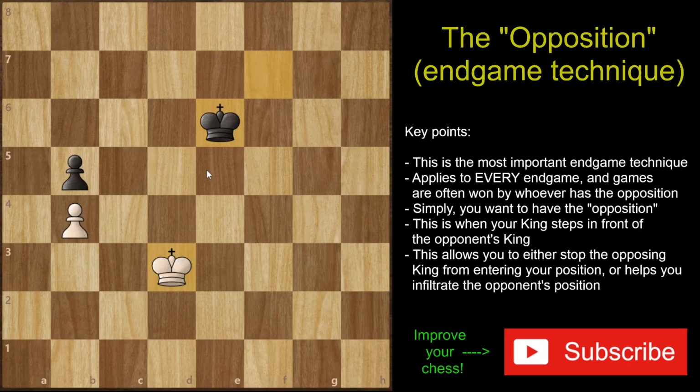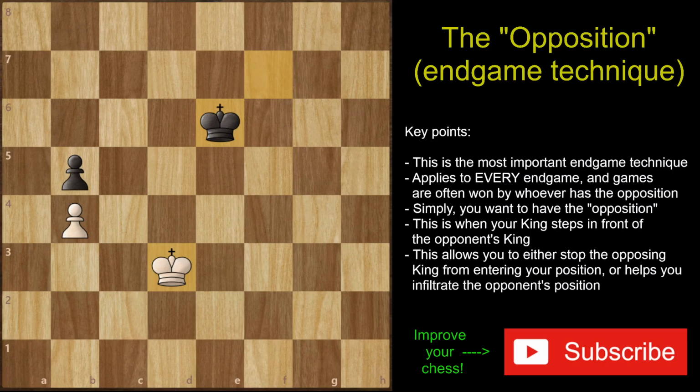And so Grandmasters, Magnus Carlsen, anyone over 2,000 rating essentially will know this like the back of their hand. You don't even need to calculate this. All you need to know is who has opposition, and you will know who wins the game or draws the game. So when you're in the lower levels of chess, you're like, crap, how do I calculate 10 moves ahead or 15 moves ahead?